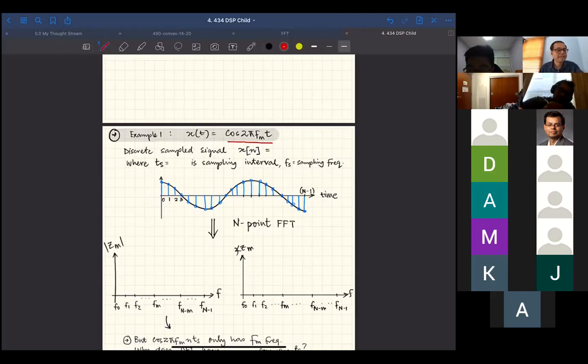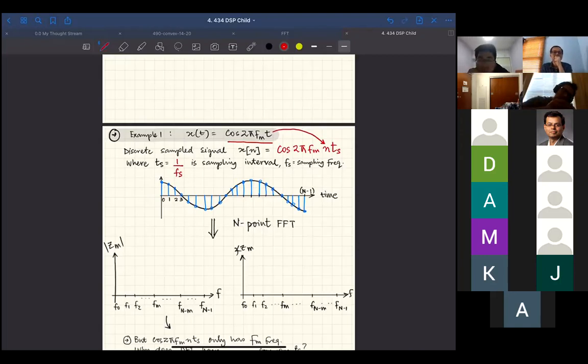So that sampled signal should be cos 2 pi Fm, and this time t is nothing but n times Ts. This t becomes digitized by n times Ts. What is Ts? Ts is nothing but 1 by Fs.